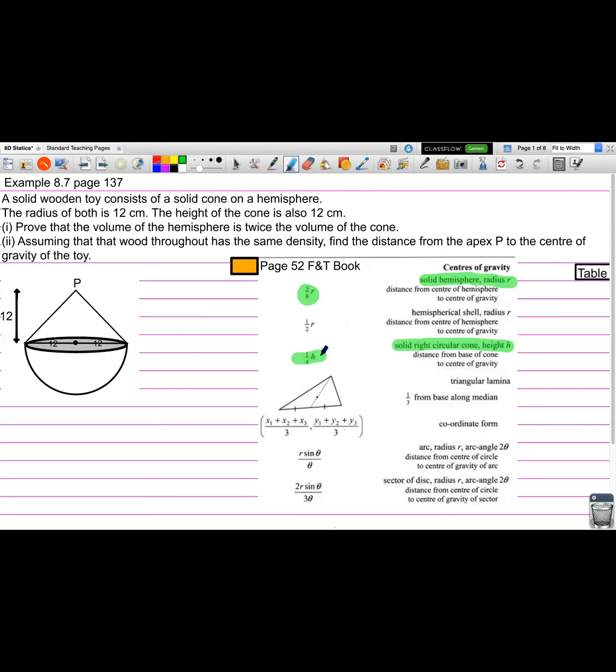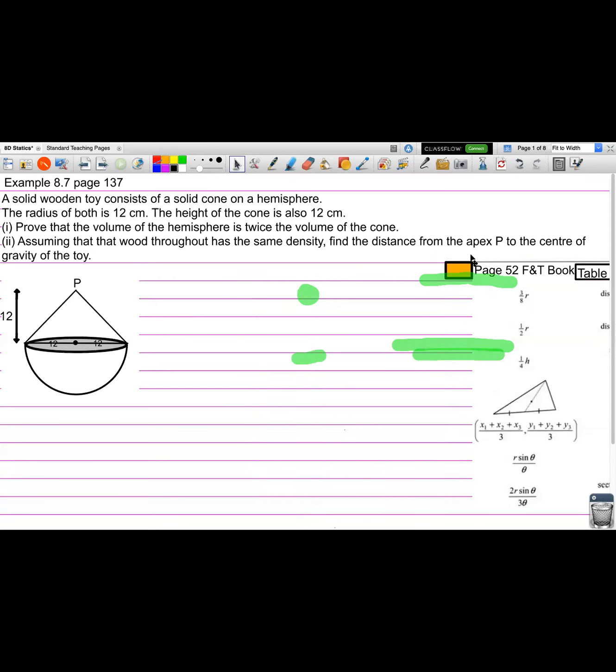We've been told that it's 1/4 of the distance from the base of the cone. So, we're going to be using that information in order to solve this problem and making reference to that later.